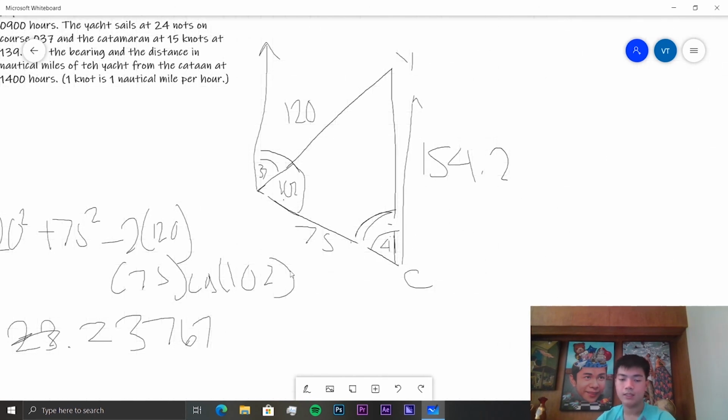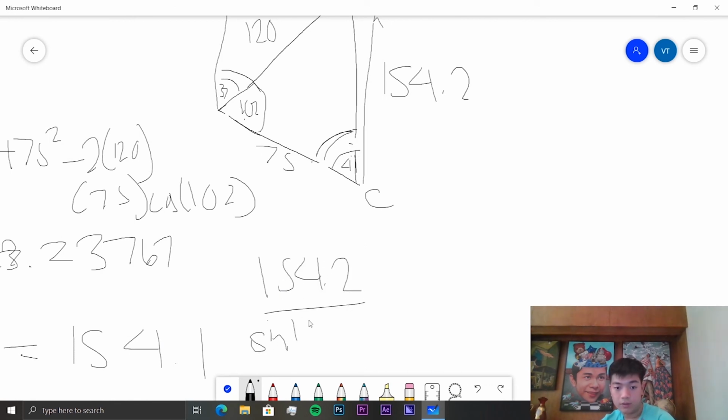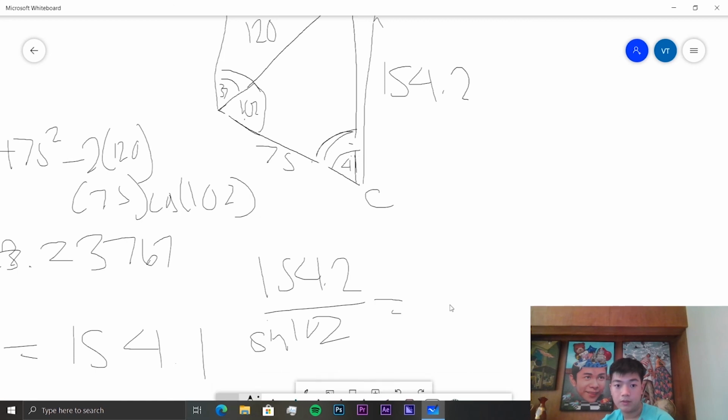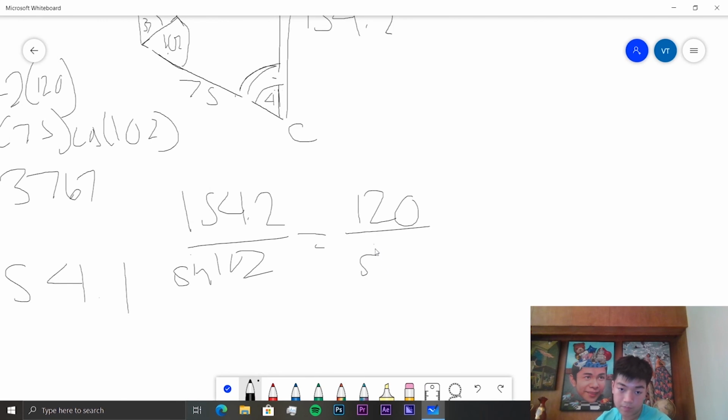So we have 102 here, so we know that 154.2 over sine 102 is equal to 120 over sine of that angle. Let's call it A. So sine A is equal to 120 divided by 154.2 times sine 102, so we get around 0.76.